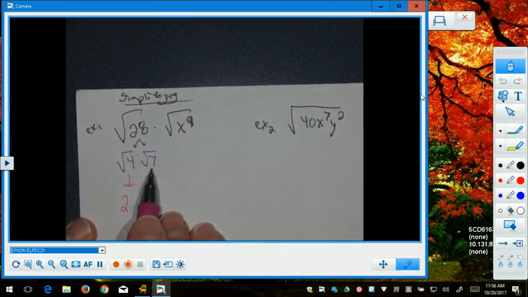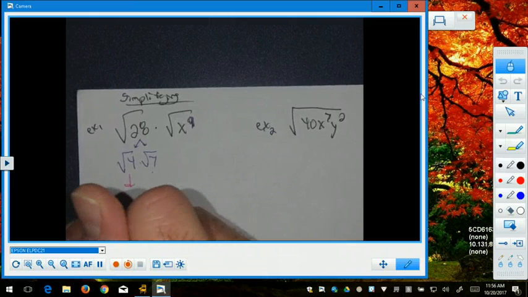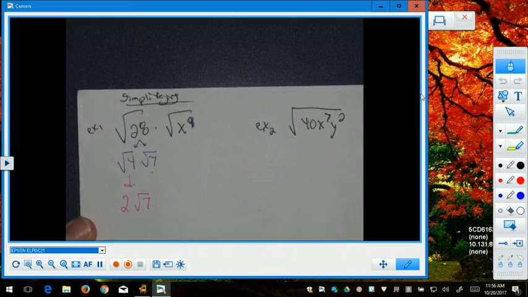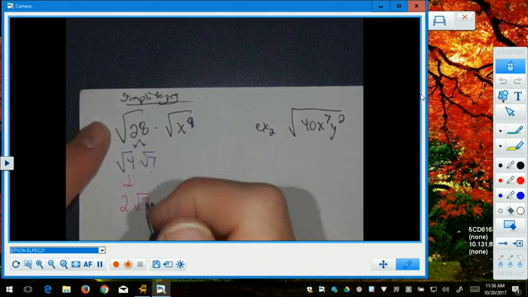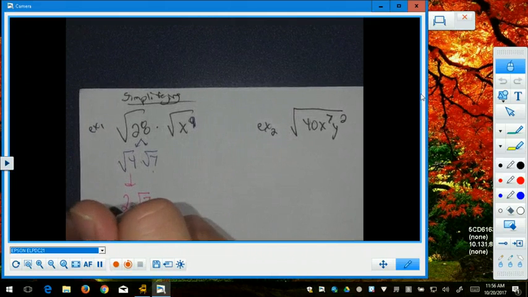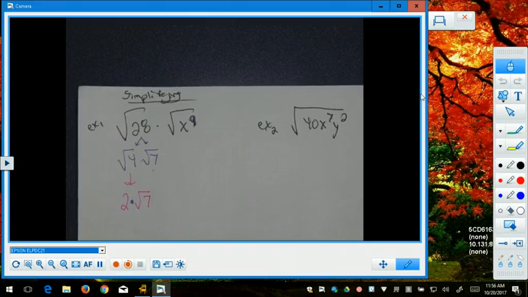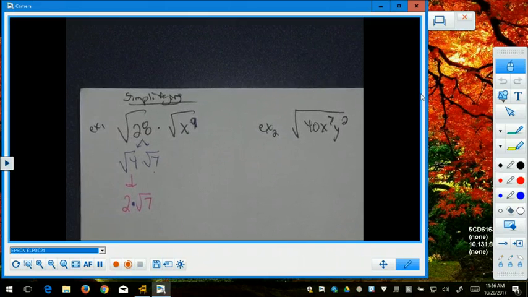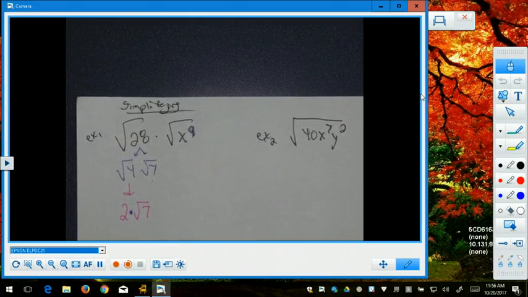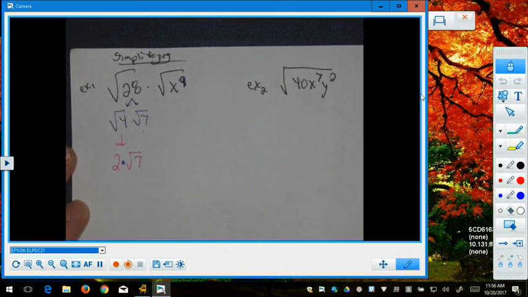Nothing on that list will go into 7 except for 1, so I leave that as the square root of 7. So square root of 28 is really 2 times the square root of 7. I'm going to put a multiplication sign there for right now. Normally we don't do that in our answer, but I'm just doing it for right now so that we can see that.